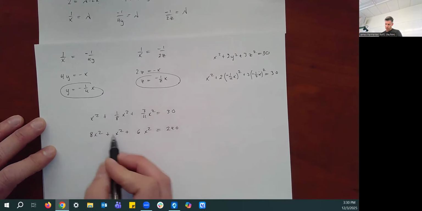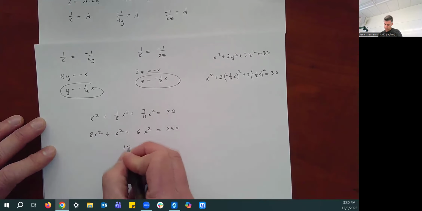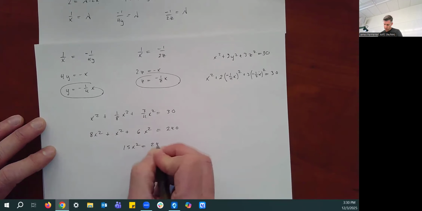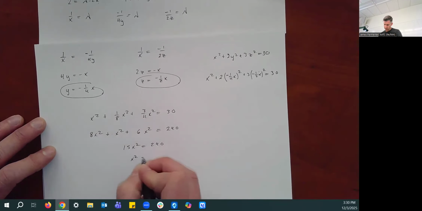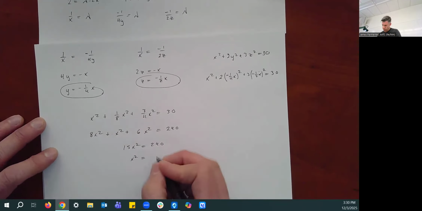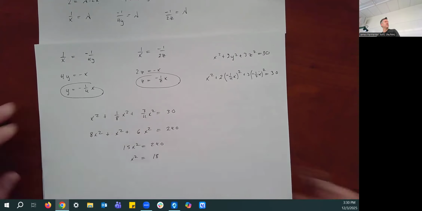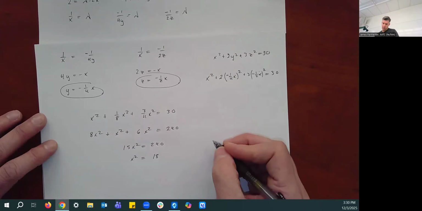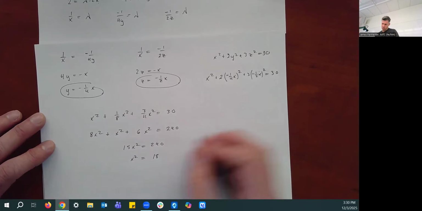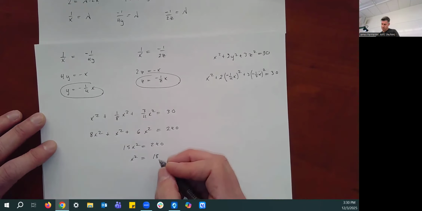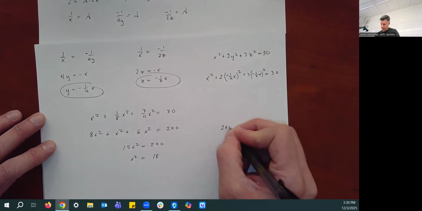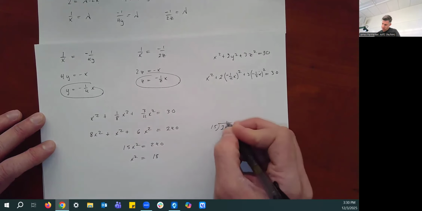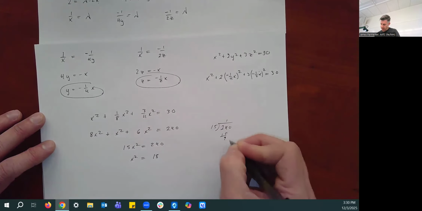So 8 plus 1 plus 6 is 15. And 240 divided by 15 is something. I think it's 18. Let's see. What is it? 16? We could actually do division, I guess. Yeah, 16. Sorry. Good to check though.